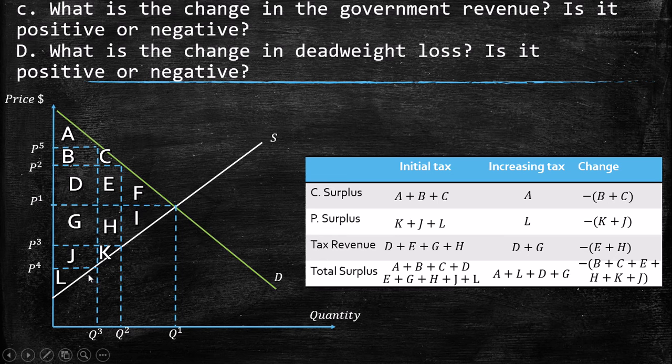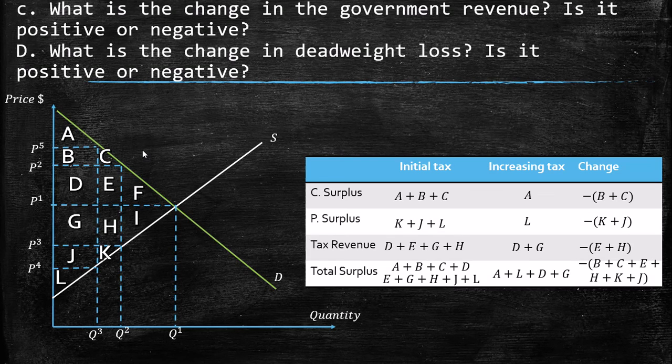Before, with the first tax, there was a deadweight loss of F and I. So you can think about it as positive in a sense because it increases, right? It's going to be an increase of C, E, H, K, which wasn't there before, but now due to the new tax, the deadweight loss is going to increase to this area.